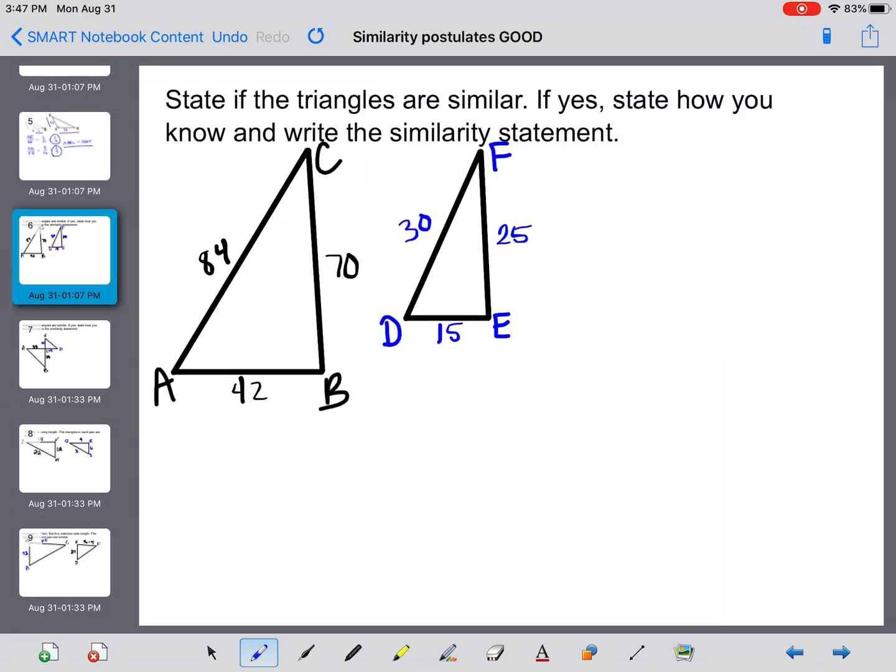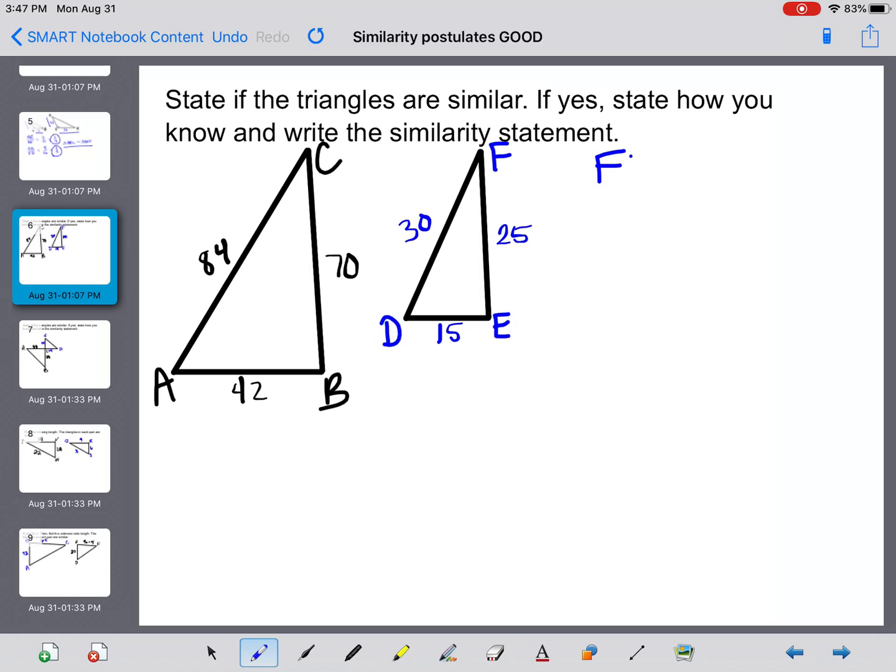So a few examples are: state if the triangles are similar. If yes, state how you know, and write the similarity statement. So looking at this triangle, I'm going to check to see if the triangles are similar by our side-side-side similarity. So we have to check the ratios of the corresponding sides.